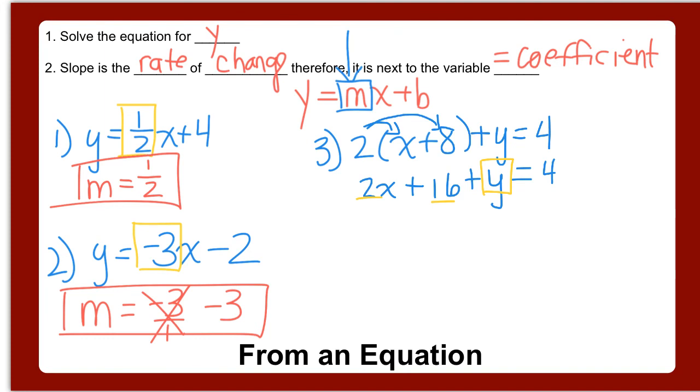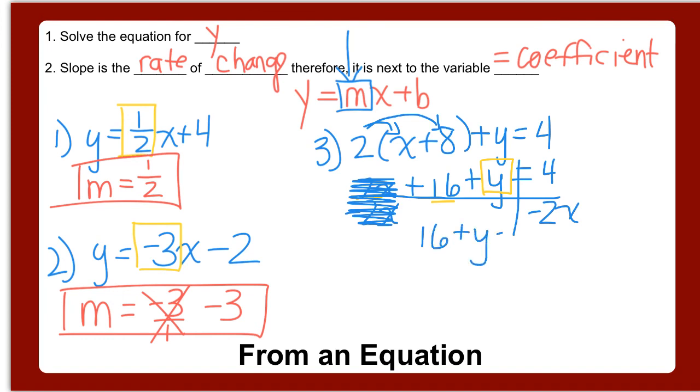So to do that, I think I might want to get rid of my 2 x's first. Whatever I do to one side, I'm going to do to the other. This cancels. And I'm left with 16 and a y on one side, -2 x's and a 4 on the other.